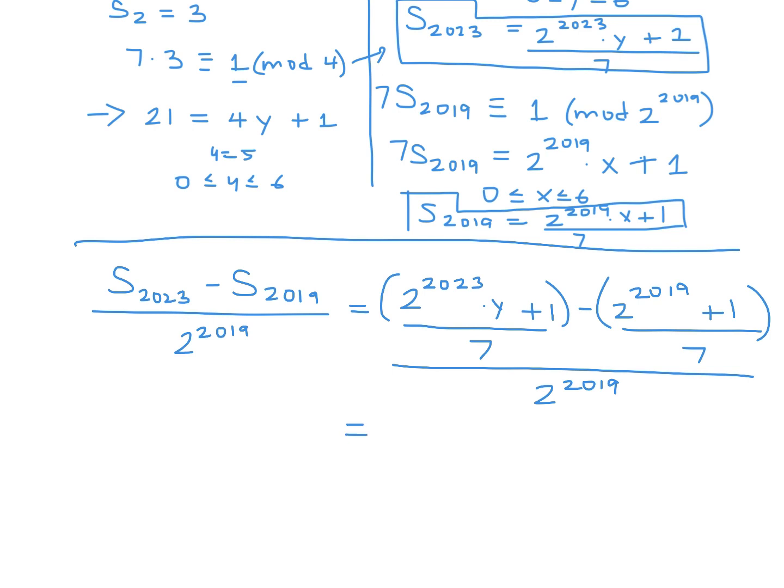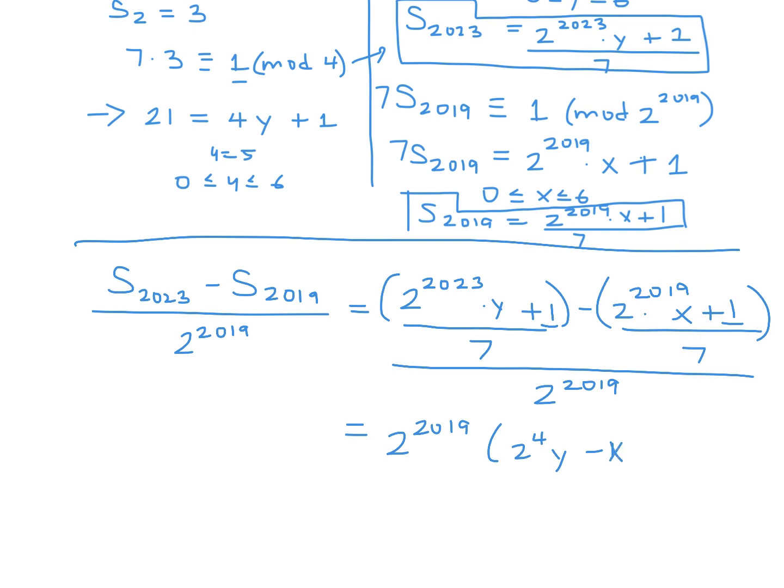Okay, so let's see here. What can I do here? I can factor out a 2 to the power of 2019, and that would leave me with 2 to the power of 4 times y. These ones cancel, this guy and this guy, and minus x. Wait, did I miss an x in there? Yeah, I missed an x in there. Sorry about that.